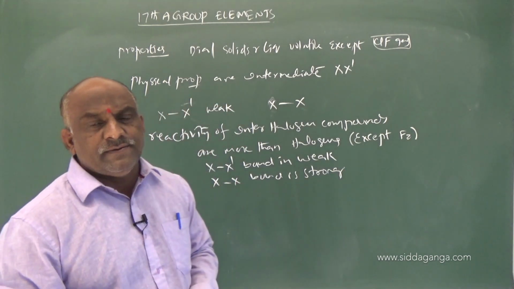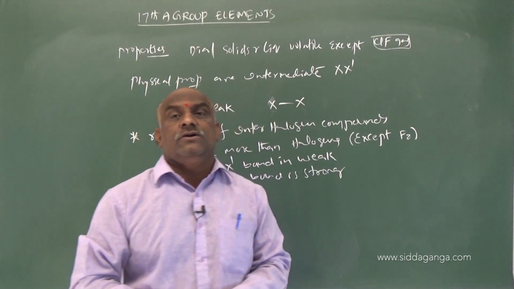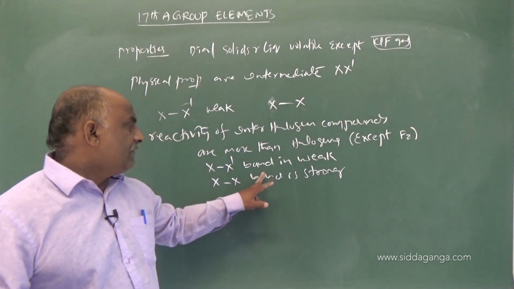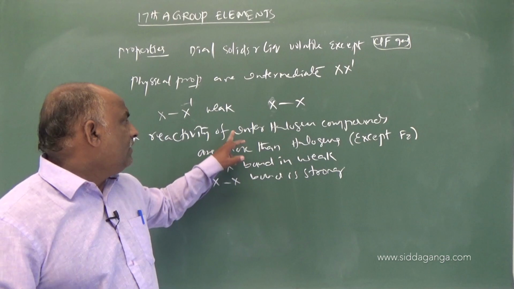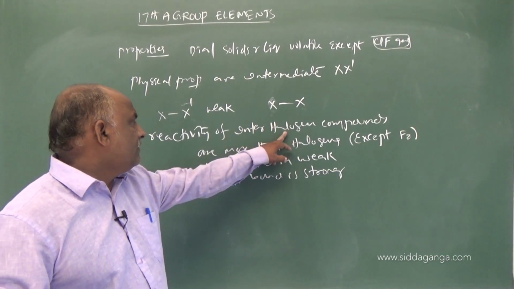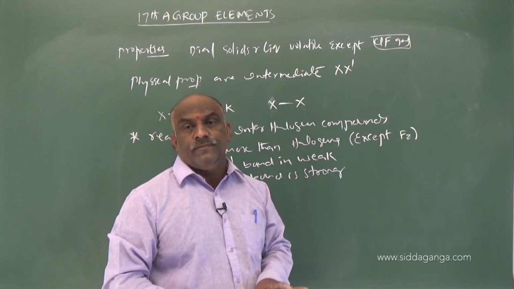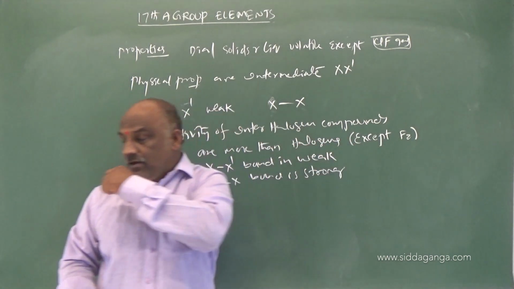XX dash bond is weak, XX bond is strong. Clear it is. XX dash bond weak, XX bond strong, and the reactivity of interhalogen compounds is more than halogens except fluorine. Except fluorine it is.